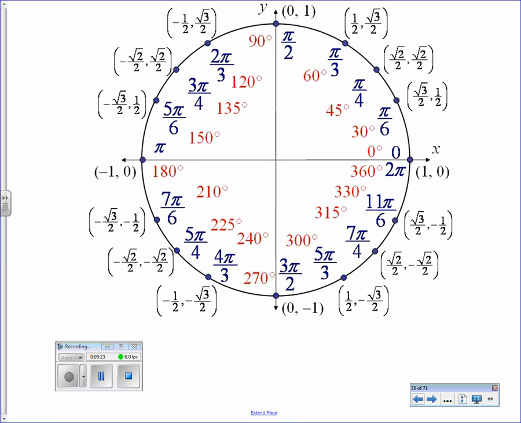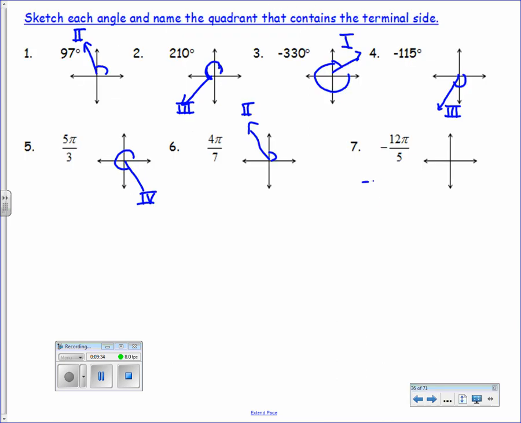It's a little bit over 2 pi. This is really negative 2 and 2/5 pi. Since I'm going negative, this is going to be 2 pi, and 2/5 pi is not going to be too much more. I'm going to end up in here, which will give me the fourth quadrant.